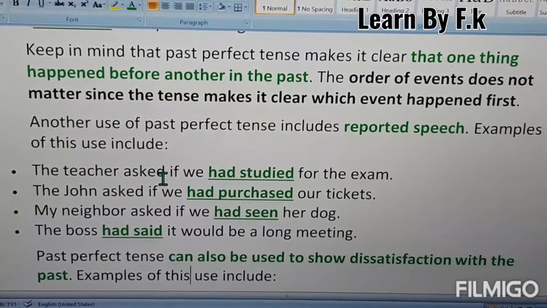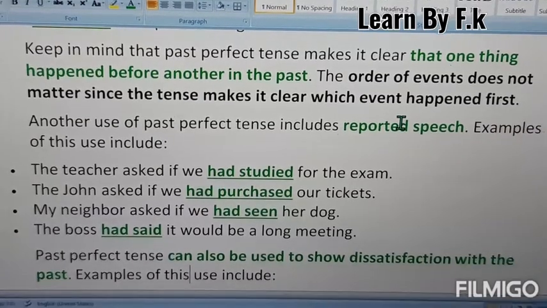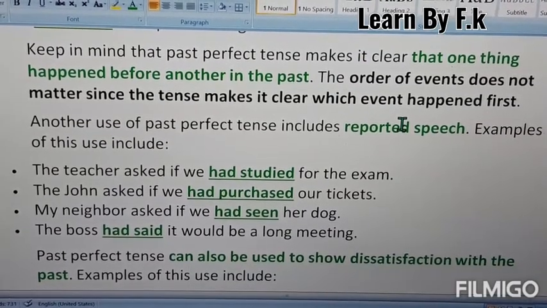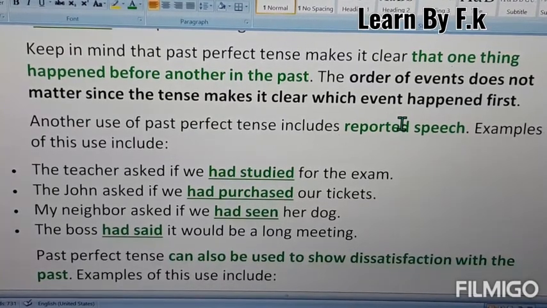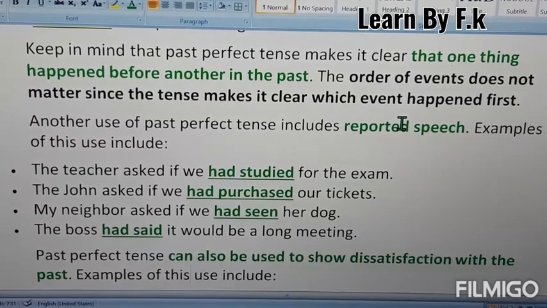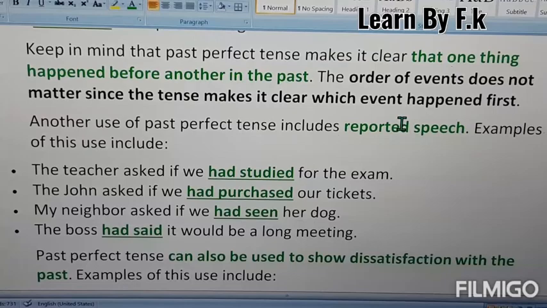The past perfect also appears in reported speech. Reported speech means indirect speech: the words spoken by another person, recalled or restated in your own words.